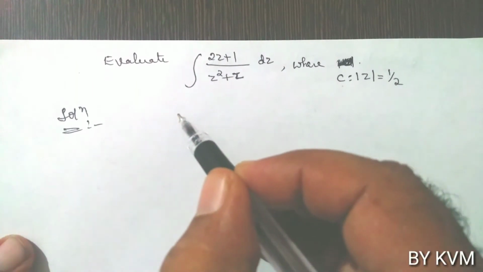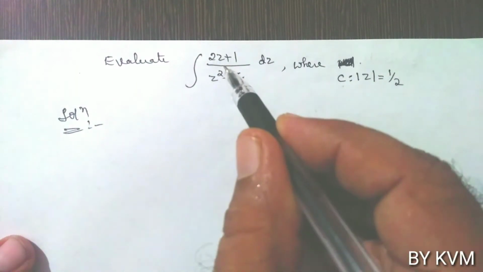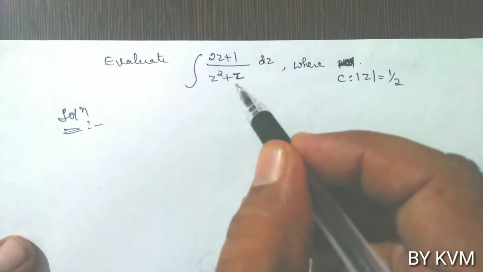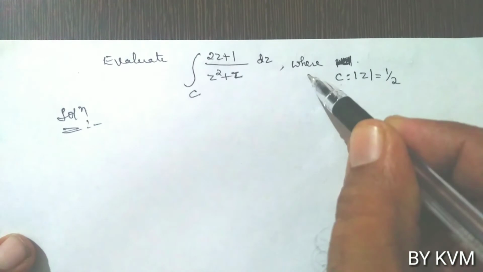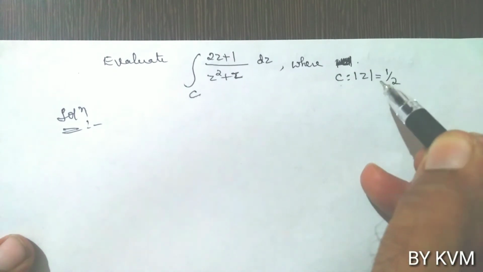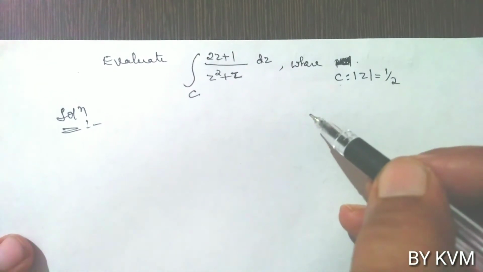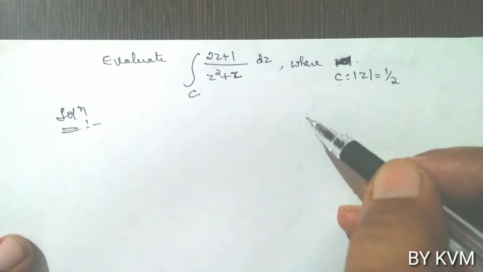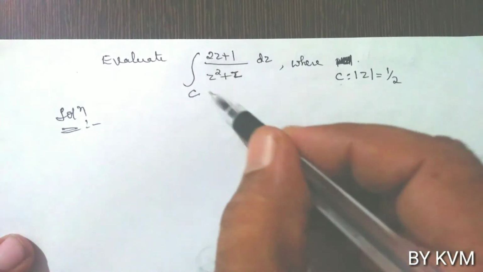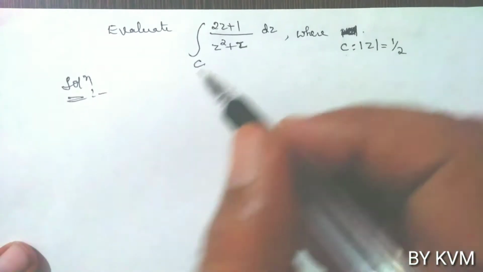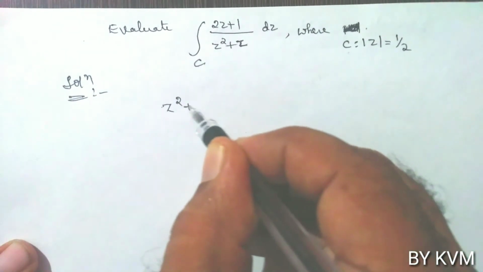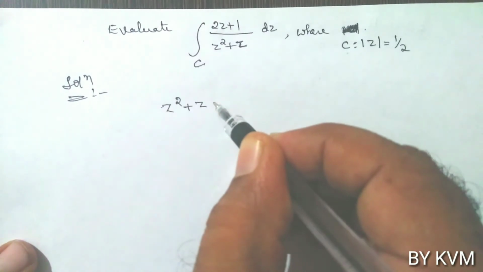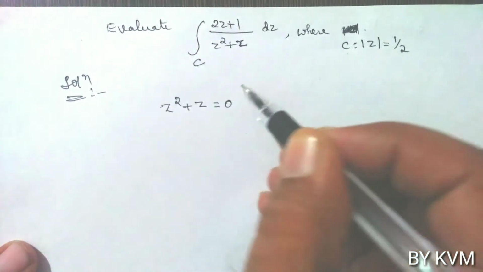So now let us solve one more problem. Evaluate the integral of 2z plus 1 by z square plus z dz, where C is a closed curve given by mod z equals 1 by 2. So now here first we have to identify the singular points for this function. In the denominator we have z square plus z equals 0.